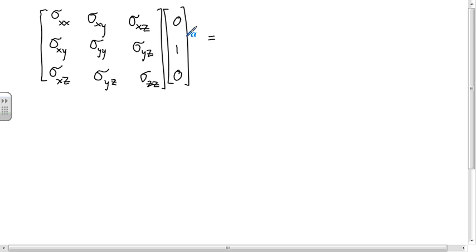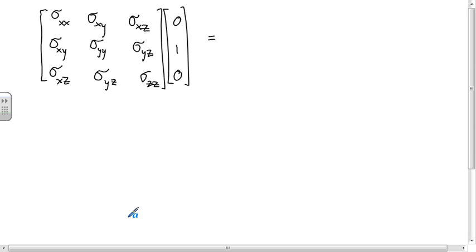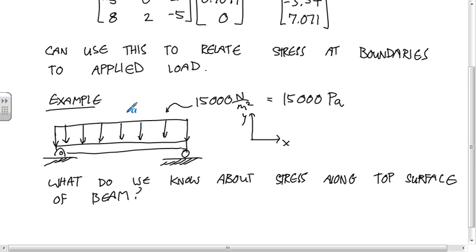Do we know anything about the traction? That's right, and that's right. So that's what this is on the left, and the actual value of the traction is this distributed load.